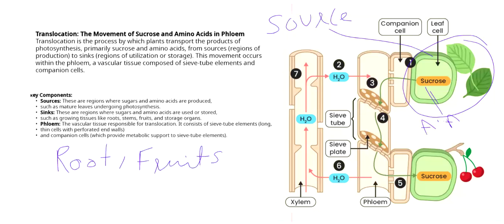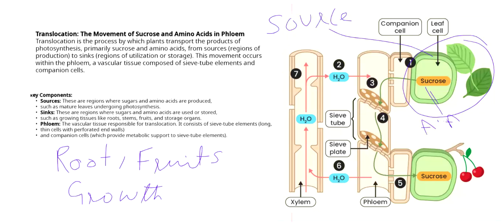And rapidly growing regions, where very rapid growth takes place, where the metabolism is really high, those areas are also known as a sink. So root, fruit, and growing regions are the sinks where this prepared food is utilized and stored.